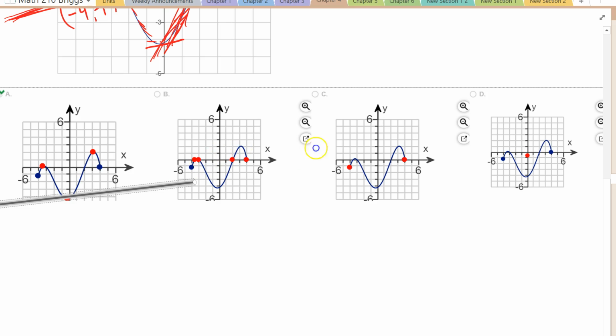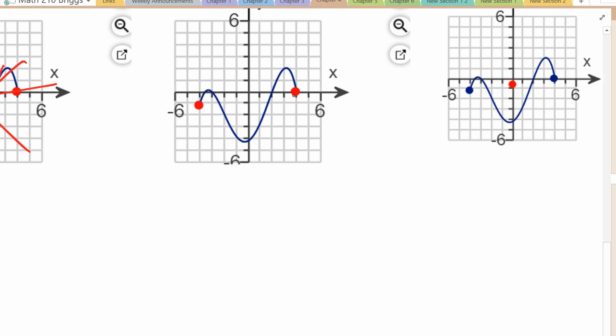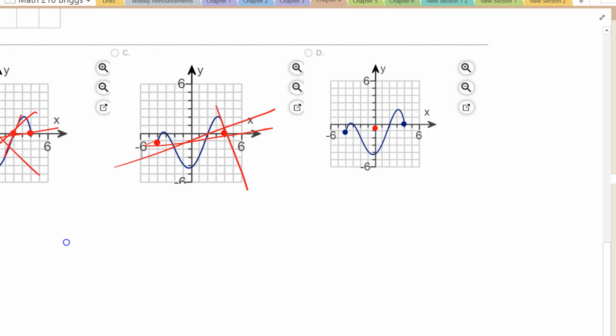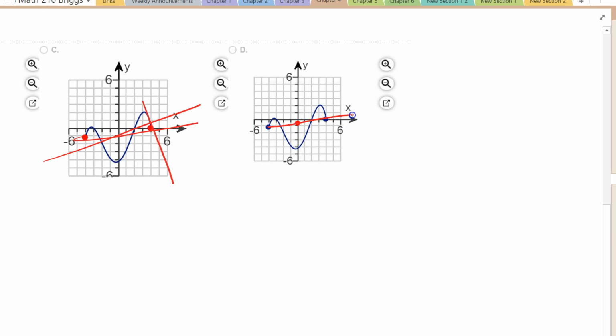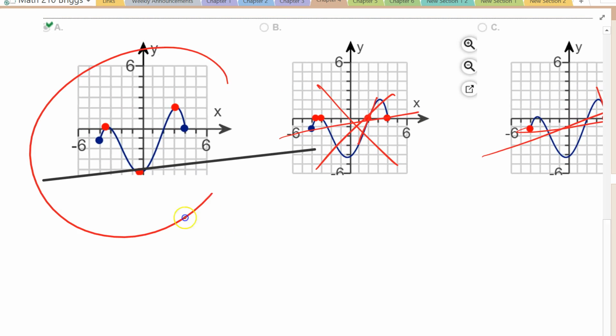Here it wouldn't make sense to have these points. This slope is not equal there, so we can rule that out. Here, the slope obviously is not going to be equal to the slope between these two points, -4 and 4, so this doesn't make sense. The only one visually that makes sense is this one here.